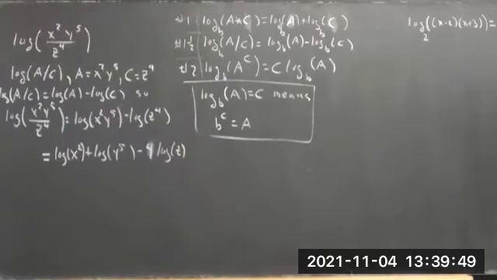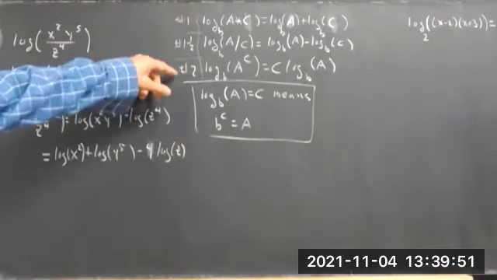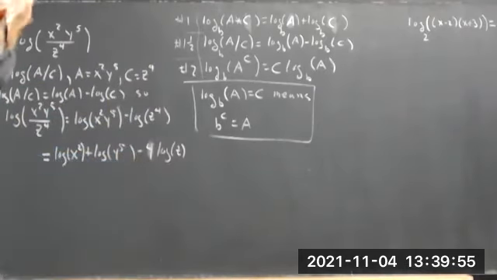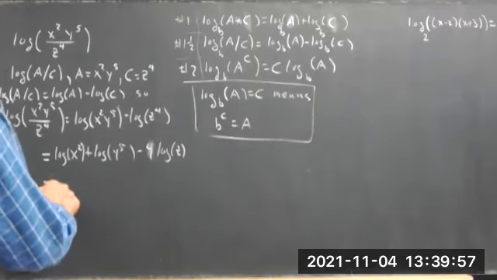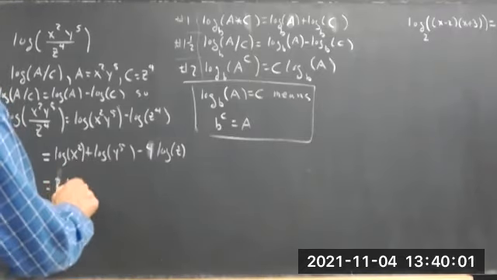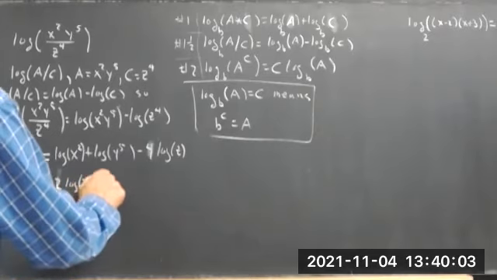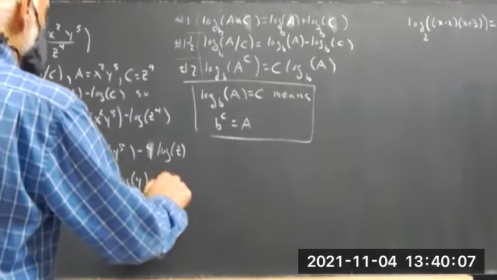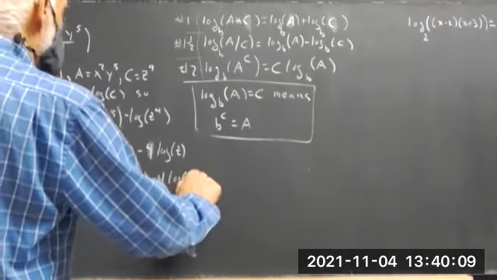So we can use the second rule already to simplify this, and that's about as far as we can go. Well, if we use the second rule here and here, 2 log of x, 5 log of y, minus 4 log of z.